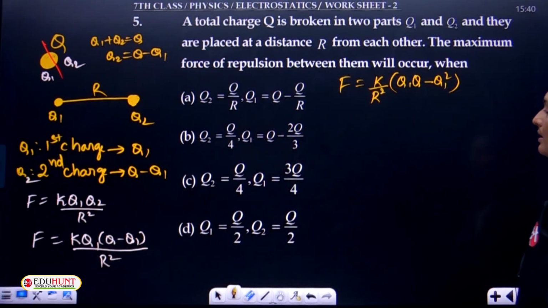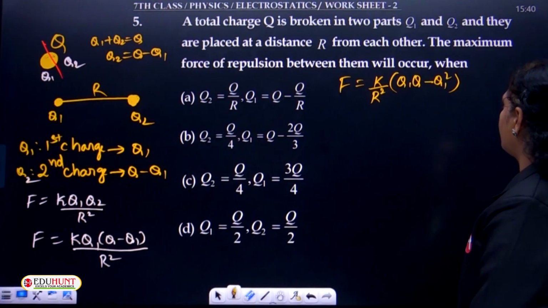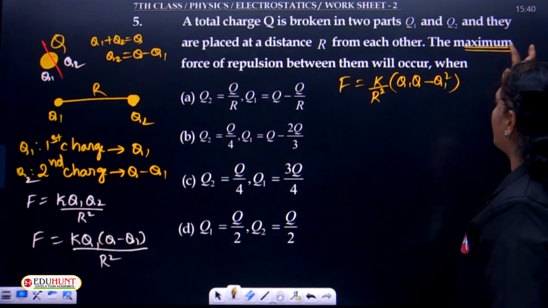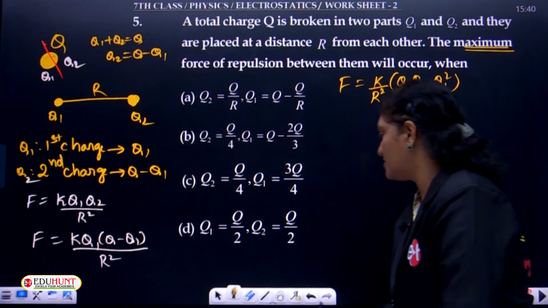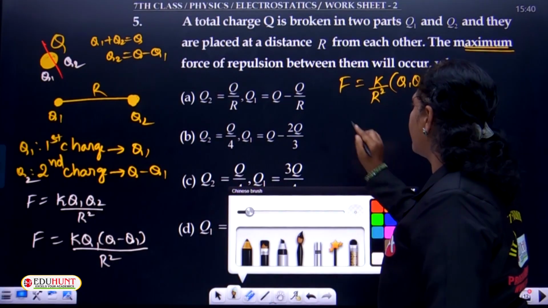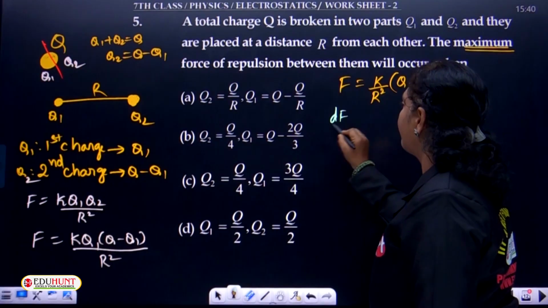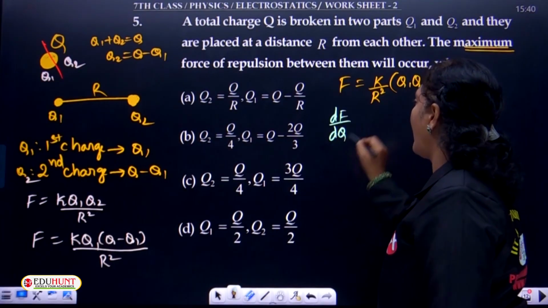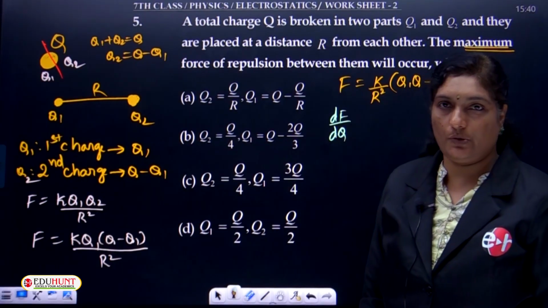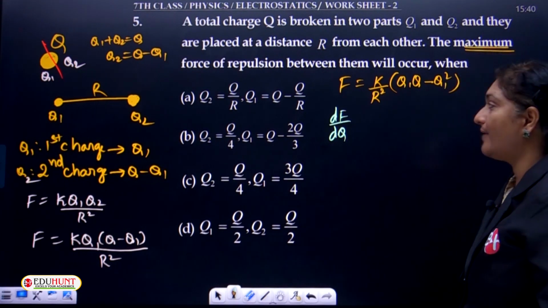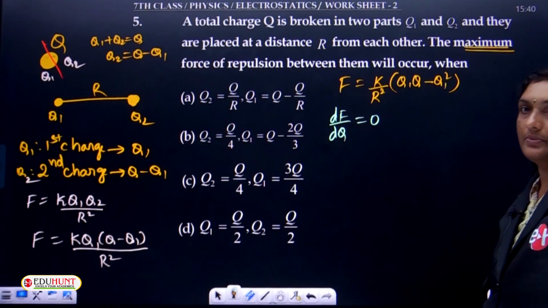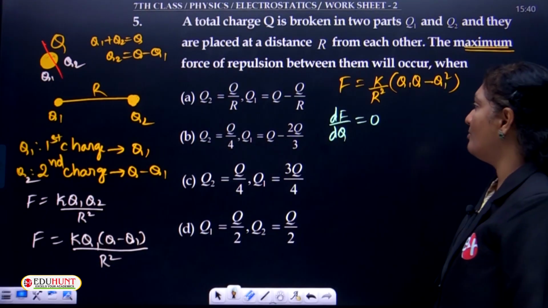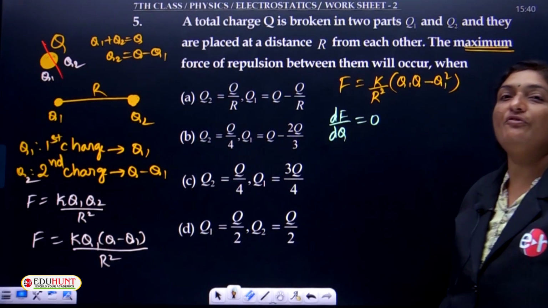Got it? But what they are asking us is the maximum force of repulsion. In order to find the maximum force of repulsion, we have to find the value of dF by dQ. If dF by dQ equals 0, then we get the maximum.